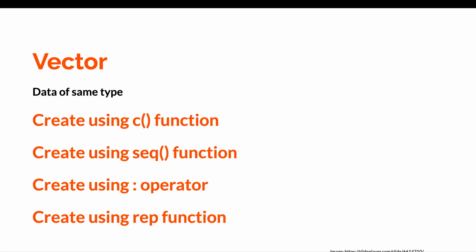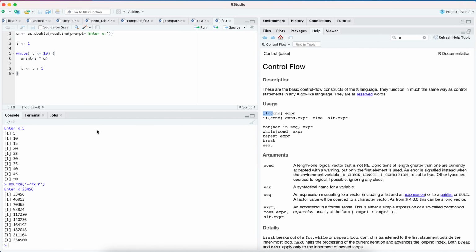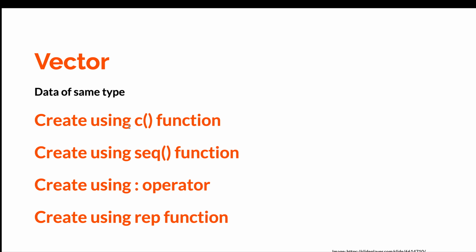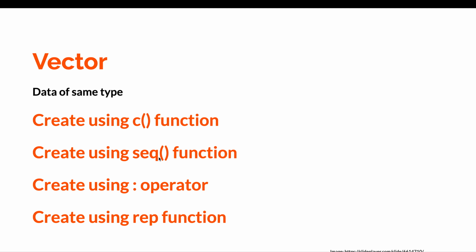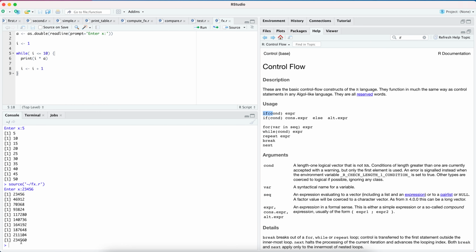So I assume in the first session we have covered a bit of this part, but I'm going to show you again how to create a vector. In the script I use the c function, and then I will show you how to create it using sequence, colon, and the repetition function rep.